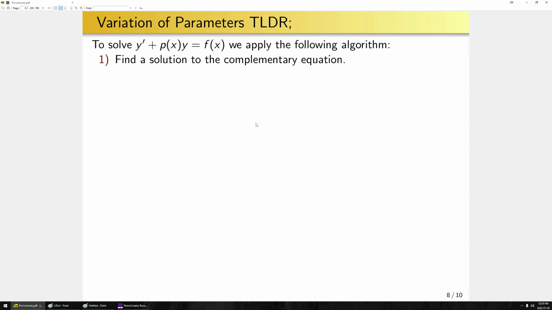Recall the complementary equation is this equation here, but in the case where f of x is equal to 0. How do I find a solution to it? Well, I isolate this equation for y prime over y, and I find a function y1 such that y1 prime over y1 is equal to negative p of x. That's the separation of variables step that we've done a few times in the last couple of lectures.